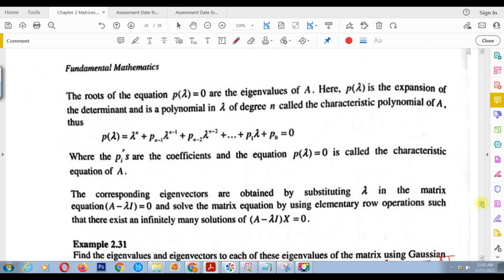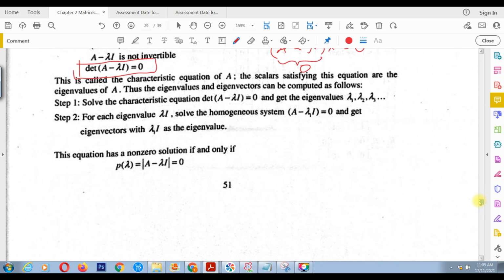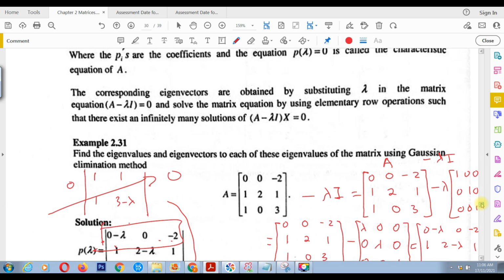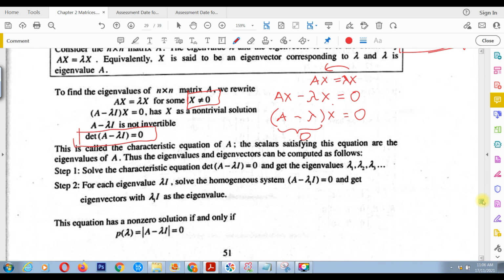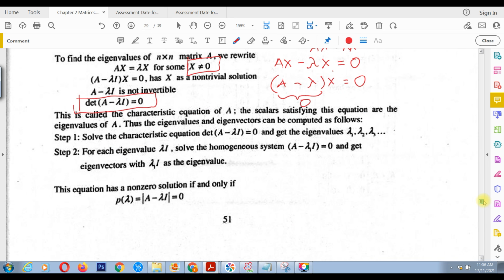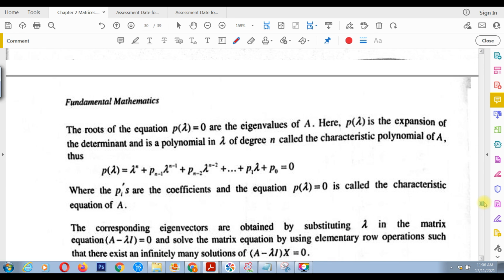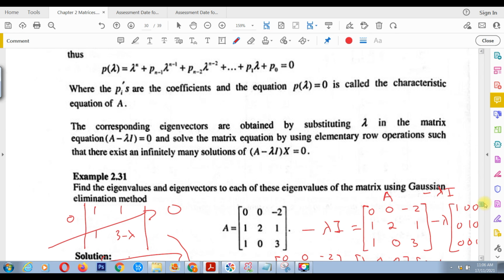Look at the formula, it has already written the steps. Okay, once we find it equal to 0 and get the eigenvalues lambda, so this equation, and then step 3: this equation is non-zero if and only if... find the eigenvalue and eigenvector.